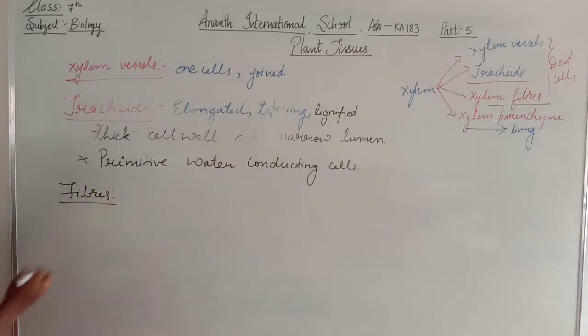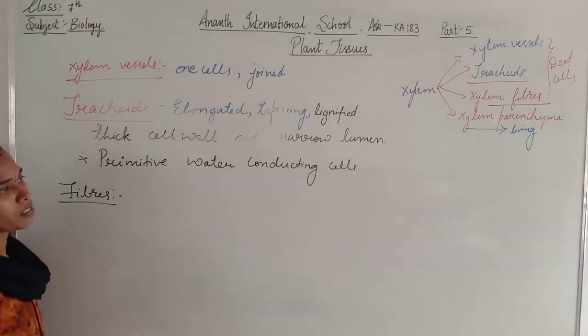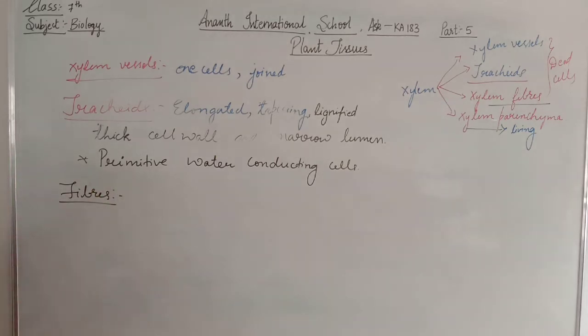So fibers, what will be their function? We have already heard the word fibers. These fibers are sometimes present in the coconut, which you have seen, brown in color. What is the function of these fibers in the xylem tissue? In the xylem tissue, they provide strength.